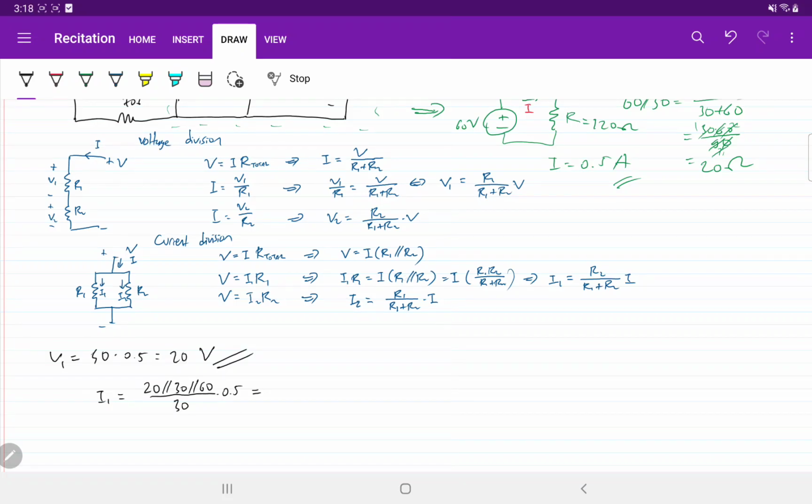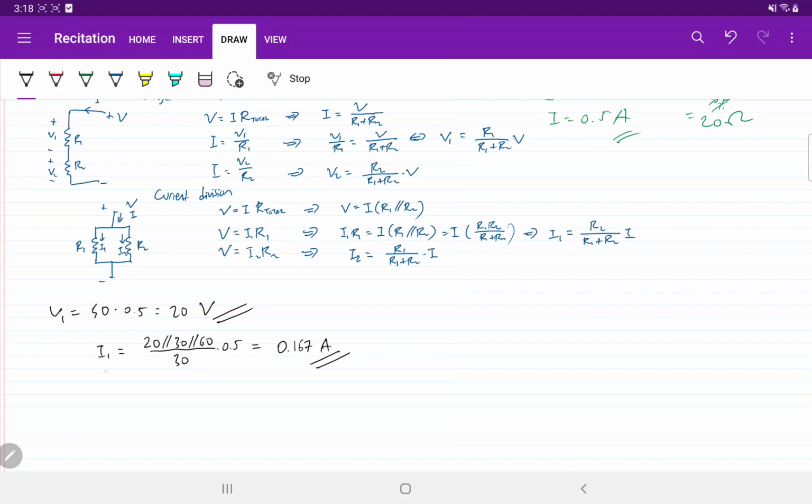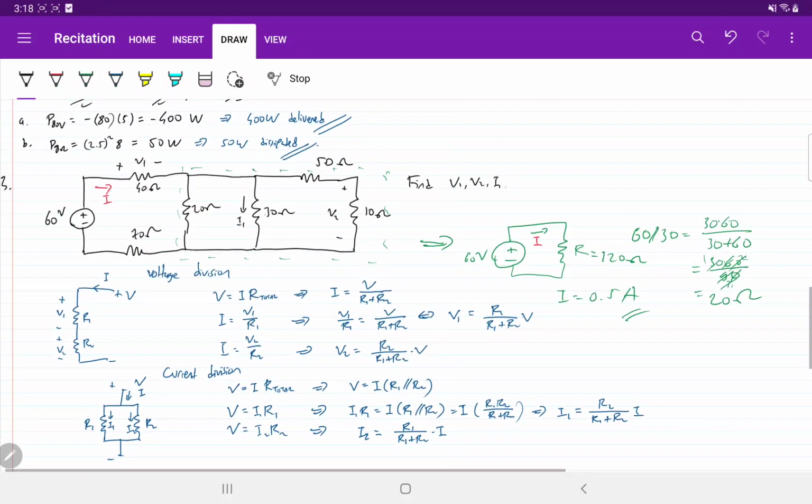Why is it different from this? Because I'm keeping this. So I1 is 20 parallel 30 parallel with 60 over 30 times 0.5. You can compute this. It is equal to 1.167 amps. That's I1. Okay, we know I1.